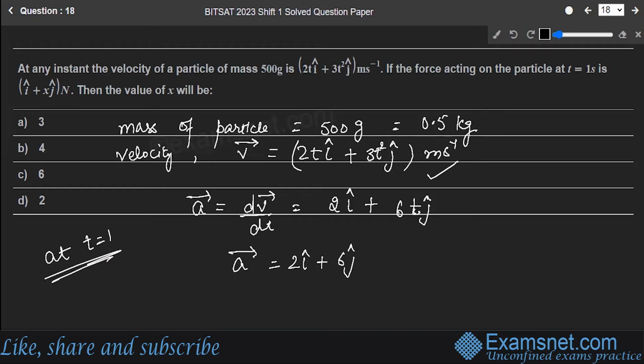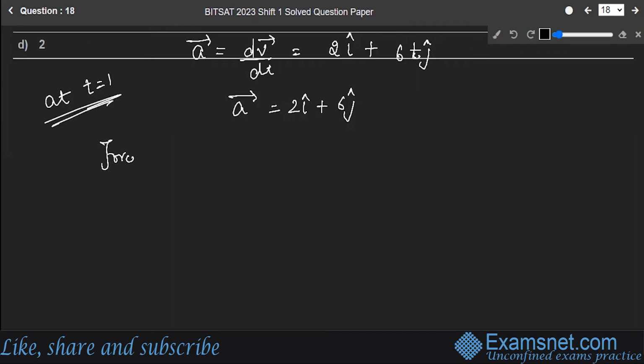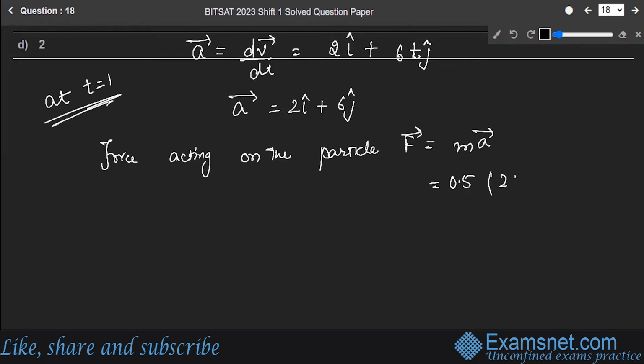Now, force acting on the particle is F is equal to ma. Mass is this, a is 2i plus 6j. This will be equal to i plus 3j. This was your force.